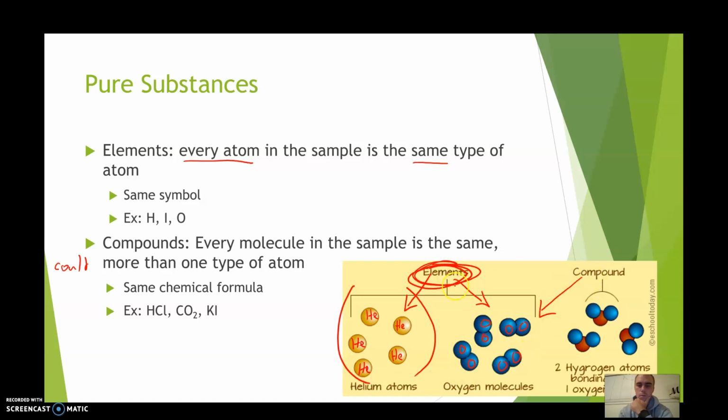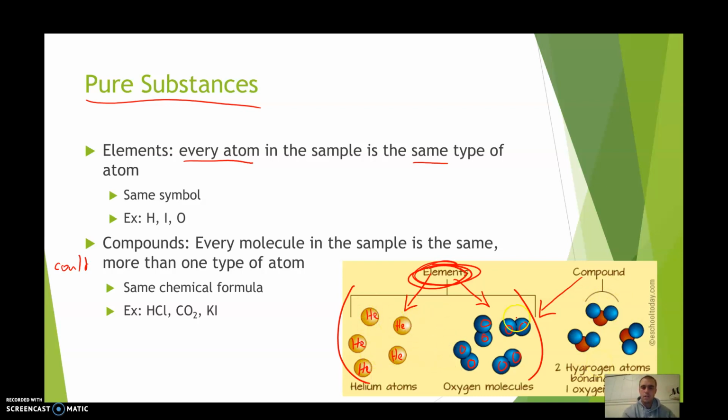So this can be both. All right, but it is still a pure substance because there's nothing extra within that. It's just oxygen.